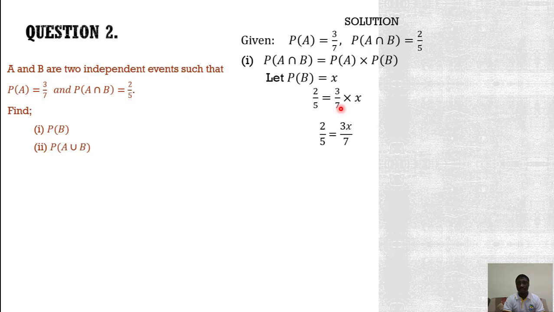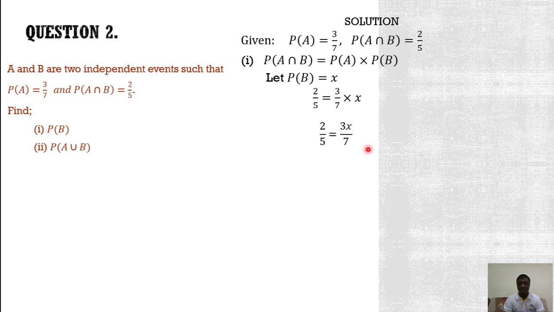That is 3 times x will give us 3x, over 7, because the x here is over 1. So the 1 will also multiply the 1 here, and that will give us 3x over 7. Now, this is a simple linear equation.